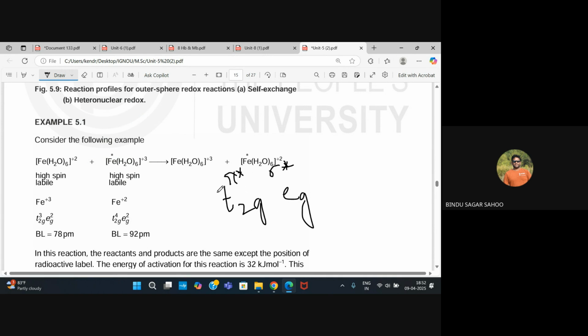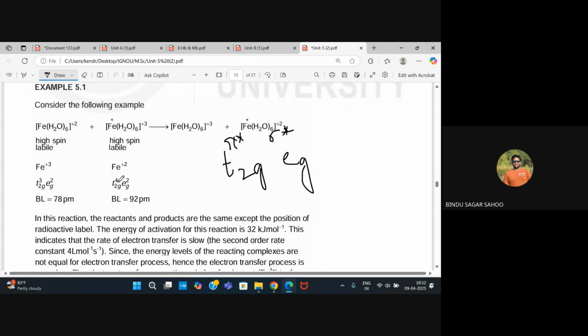That means the t2g orbitals can interact to form a pi bond, and the eg orbitals form the sigma bond. So in place of t2g, I can say pi star. That means the electron will transfer from this pi star orbital to this pi star orbital. Here the transition is a pi star transition, from t2g to t2g. Then it will form these two complexes.